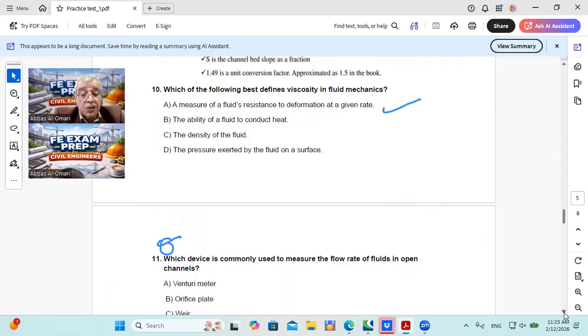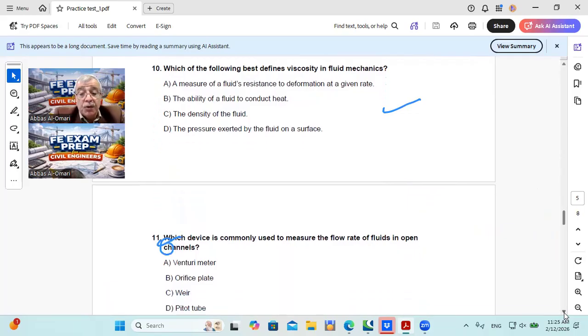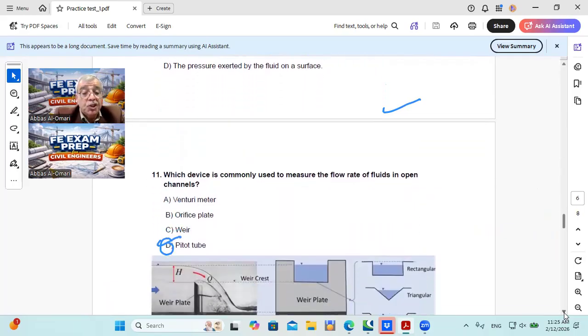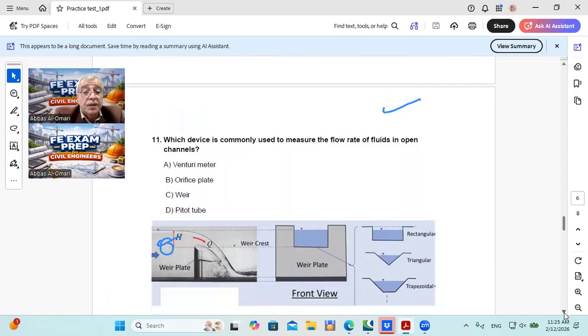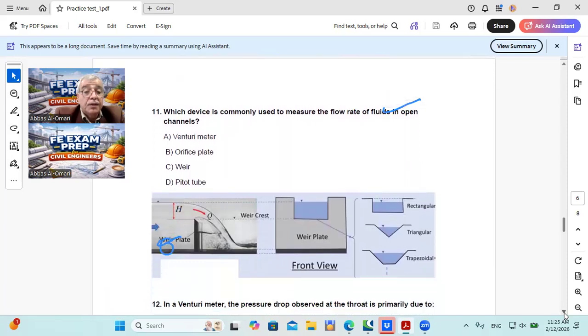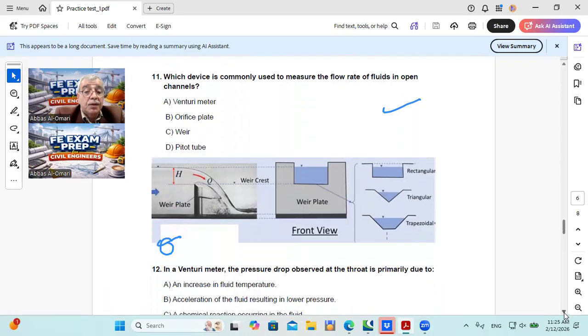Now the next question. Which device is commonly used to measure the flow rate of fluids in open channels? There are several devices. Here the choices are venturimeter, orifice plate, weir, and pitot tube. We have just seen that the venturimeter, orifice, and pitot tube are used to measure flow in pipes, not in open channels.